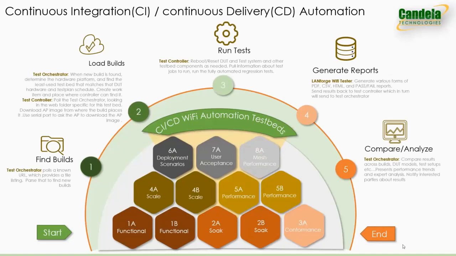The test controller then upgrades the device under test, controls the test tools, in this case the Candela LANforge test system, and runs fully automated tests, gathers the results from the test system, compares them to predefined pass-fail criteria, and publishes the results in reports to a visualization tool. The visualization tool can then present a measure of success and comparisons with previous builds to look for regressions.